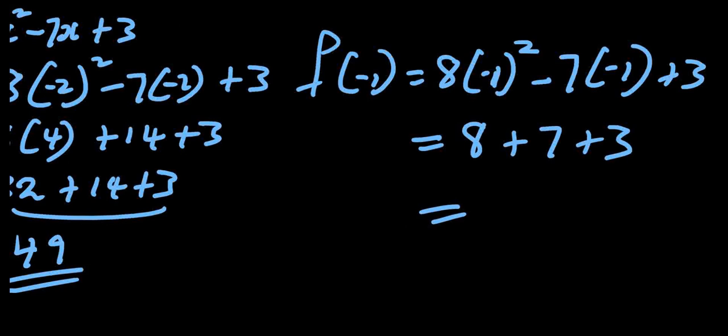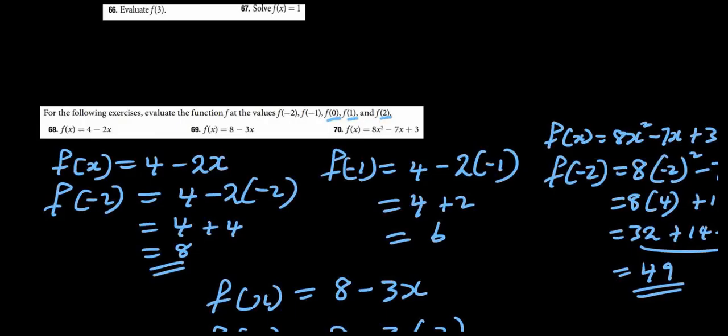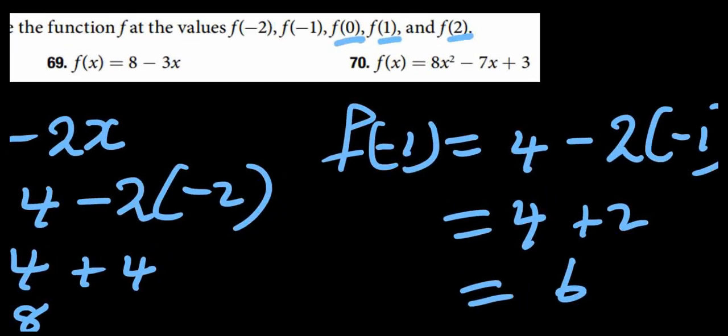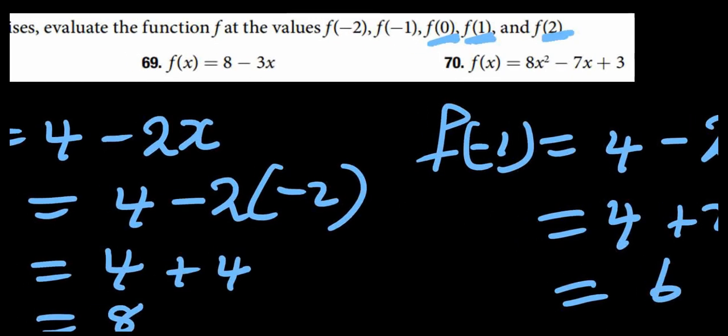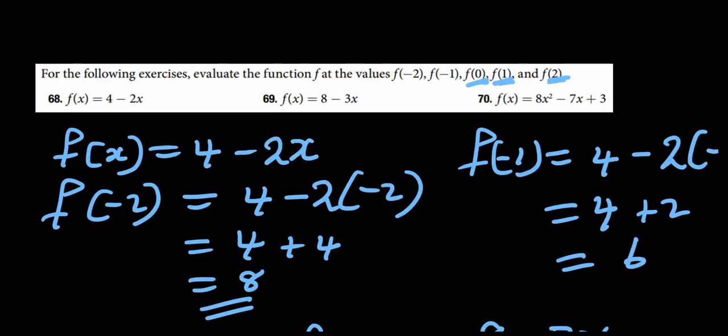So this will be equal to 18. So this is the final answer to this question. I hope this is clear to you. So now you can practice for f of 0, f of 1, and f of 2. I hope this makes some sense. So, all right, let's quickly move on to the next one.